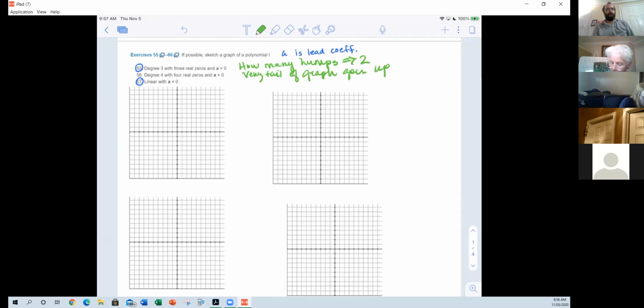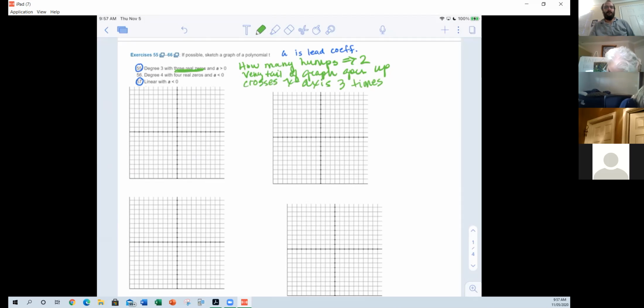And what does it mean to have 3 real zeros? Anybody? Crosses the x-axis 3 times. Or touches it. It has 3 x-intercepts. Doesn't necessarily have to cross it. It can bounce off of it. It can be tangent to it.